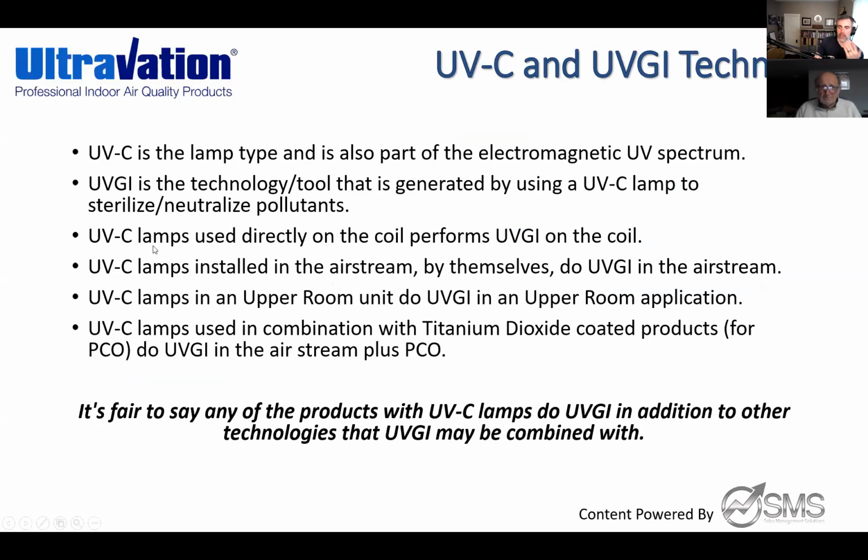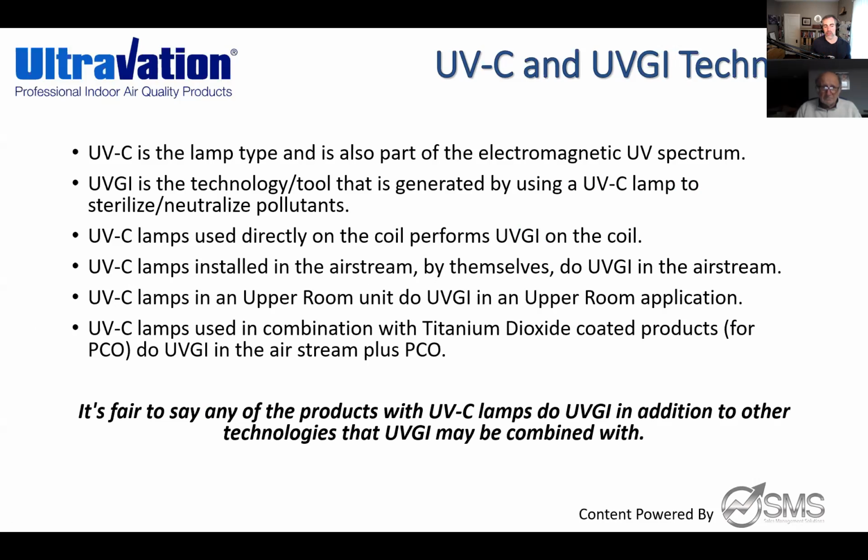The best way to explain it is this: if I'm putting a UVC lamp on a coil, then I'm applying UVGI technology on the coil. If I'm installing a product with UVC lamps in the airstream for the air supply, for an added benefit, then I'm applying UVGI technology in the airstream. And so on and so forth. If I'm doing an upper room application, which I'll show you later, the same applies.